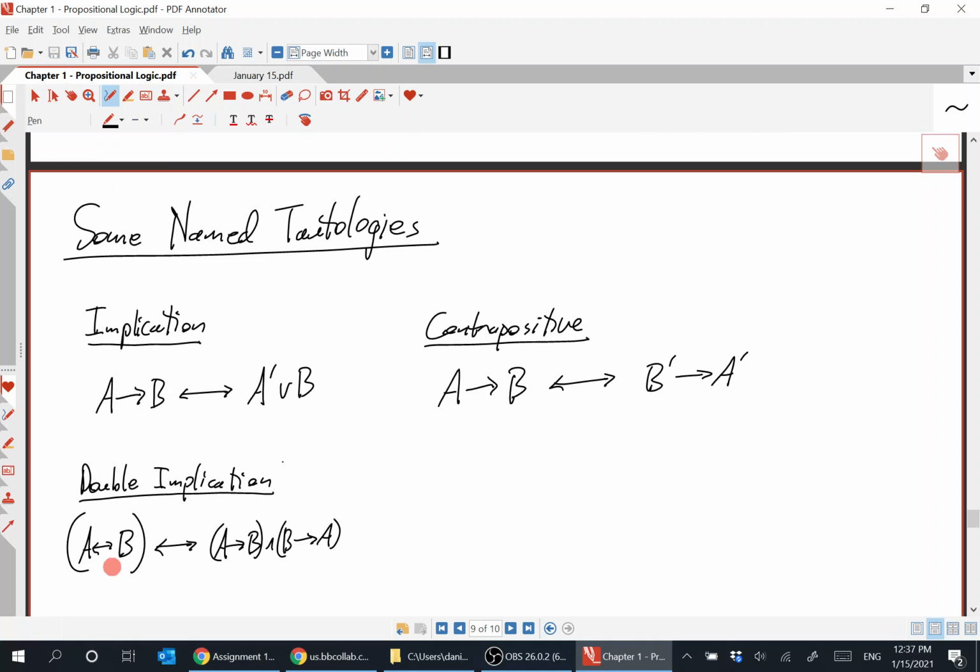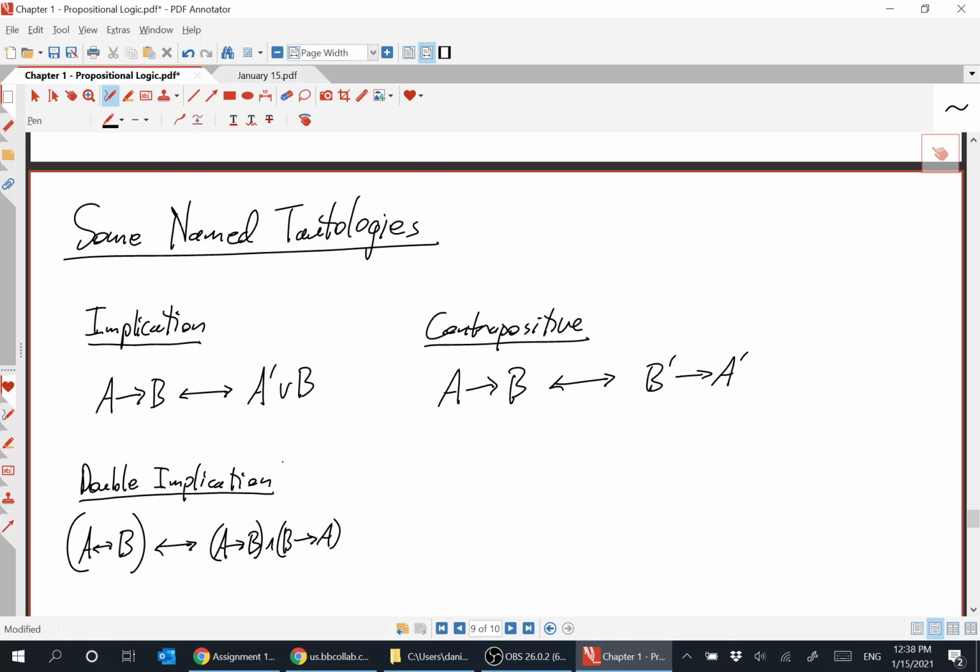So logical equivalence is equivalent to implication in both directions. So A if and only if B is the same as A implies B and B implies A. This is important. We're going to talk about this a lot during the semester.